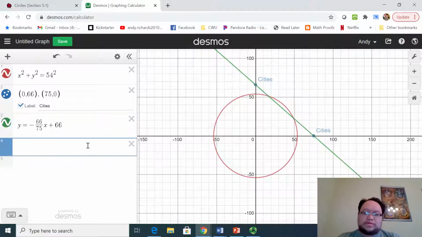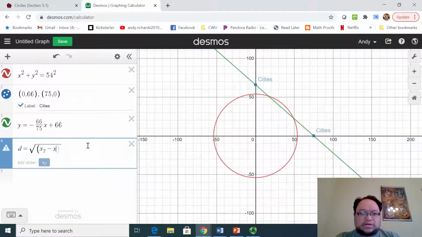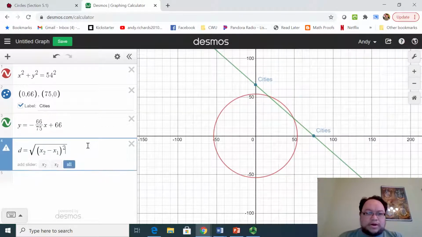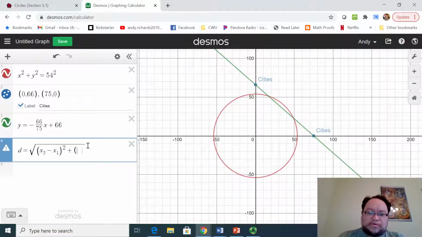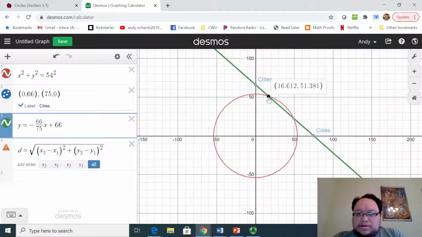And the distance formula is going to be this. So it's going to be the square root of x sub 2 minus x sub 1 squared plus, do it again for y, so y sub 2 minus y sub 1 squared. So whichever values you pick for x2 is up to you.